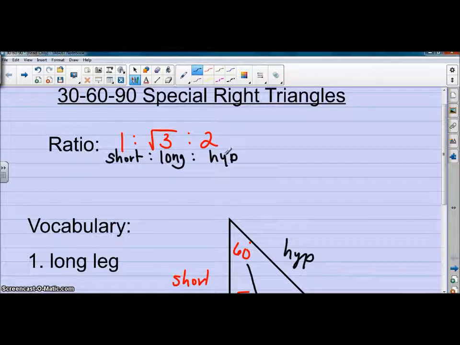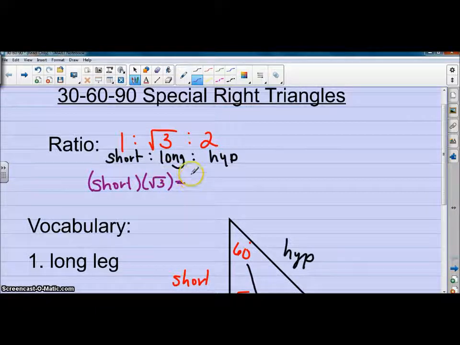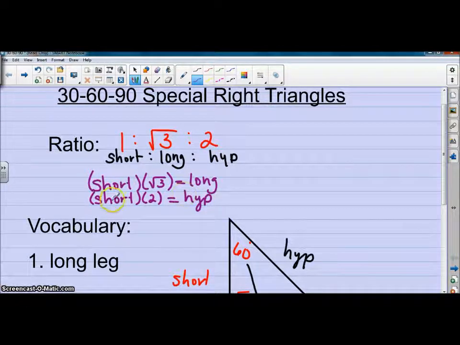In formulas, this means that if I take the short times the square root of 3, I will have the long leg. If I take the short times 2, I will have the hypotenuse. In simple words, the hypotenuse is twice the length of the short. The long is the square root of 3 times the length of the short.